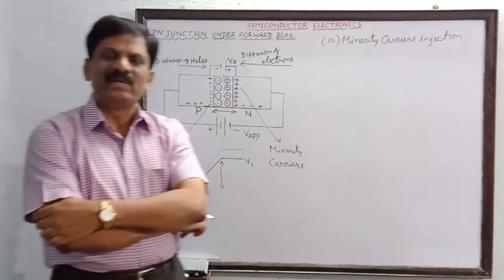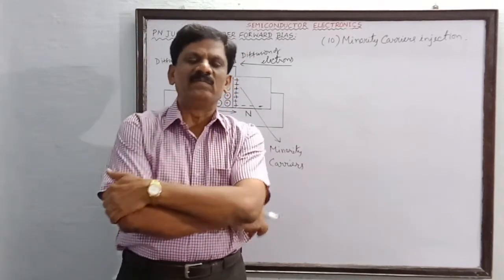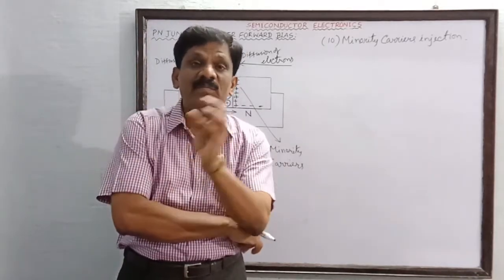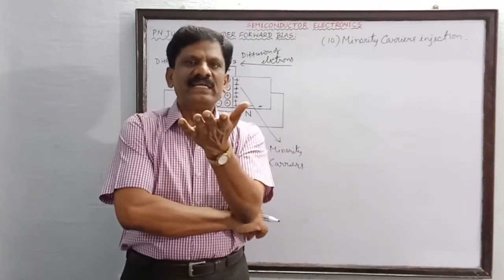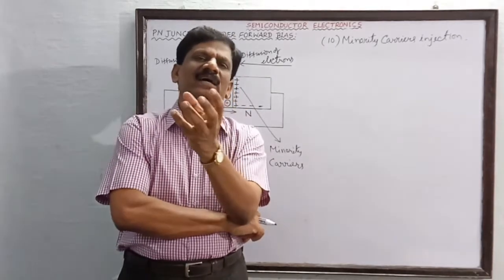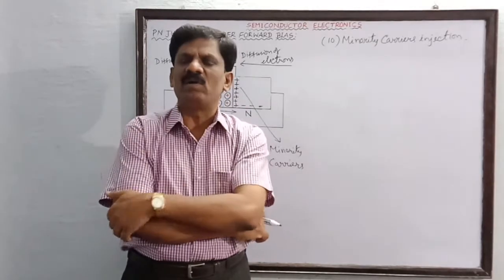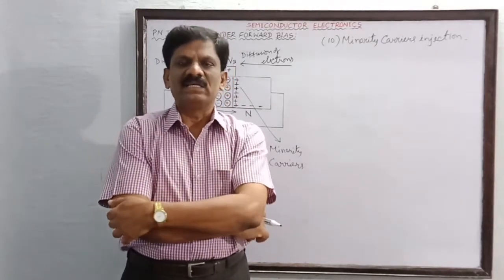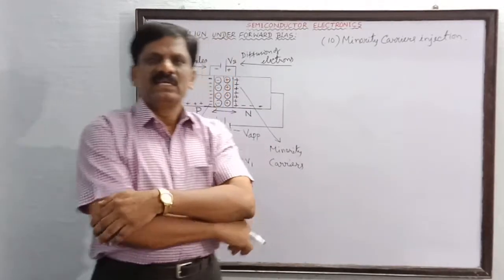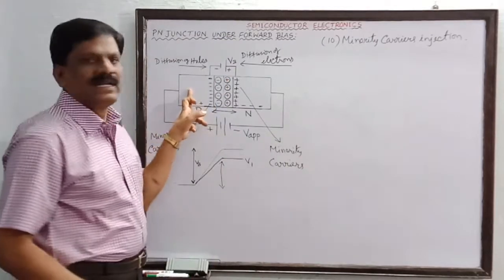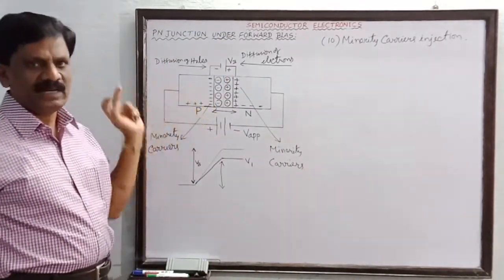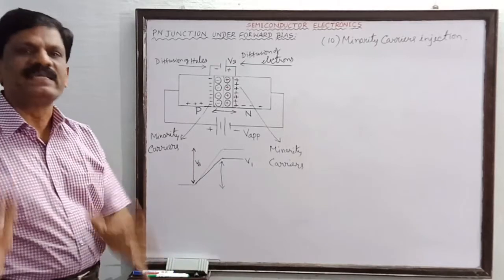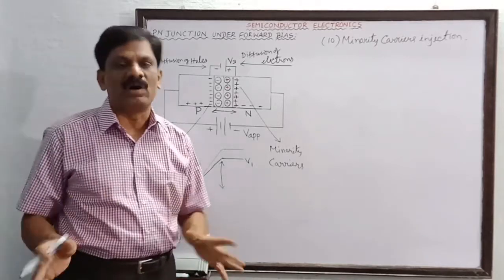As a result, some of the covalent bonds will break. We already studied, each germanium or silicon atom forms 4 covalent bonds with the neighboring atoms. So due to thermal agitation, covalent bonds break.